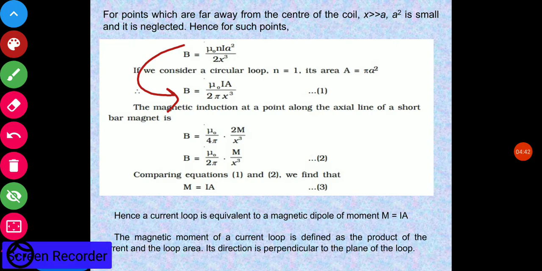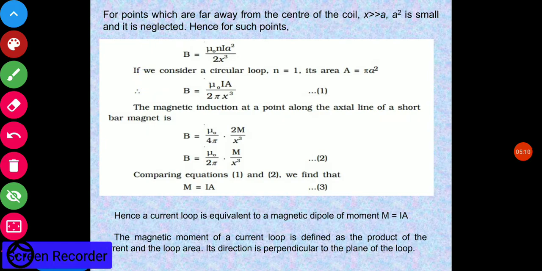Now, the magnetic induction at a point along the axial line of a short bar magnet. This short bar magnet is similar to the electric dipole. As we have studied in the first chapter, the electric field at a point along the axis of a short electric dipole is E is equal to 1 upon 4 pi epsilon naught into 2p upon r cube.